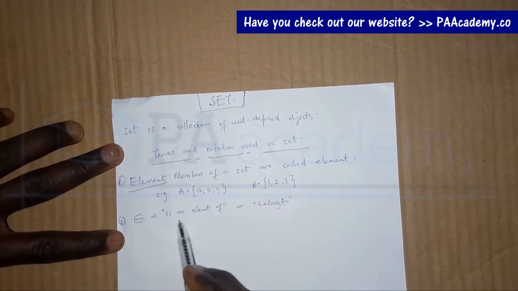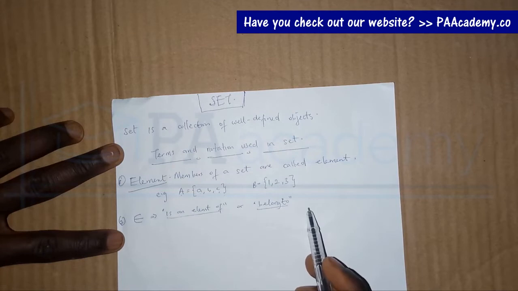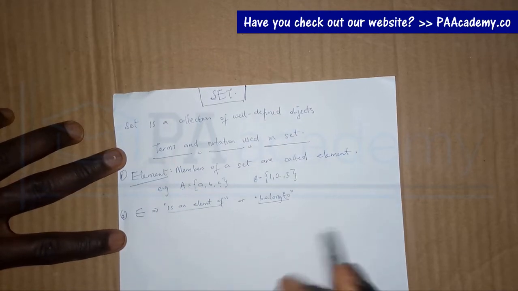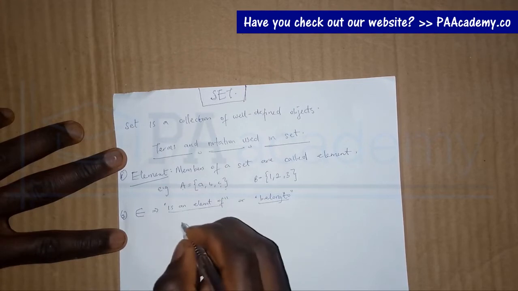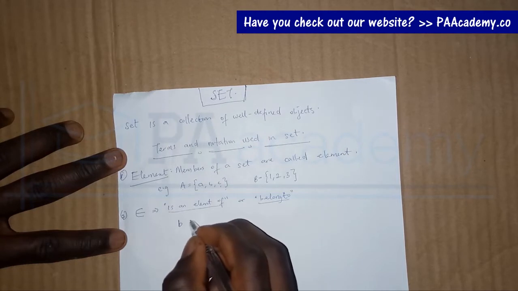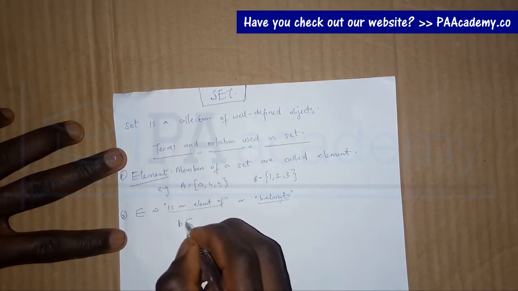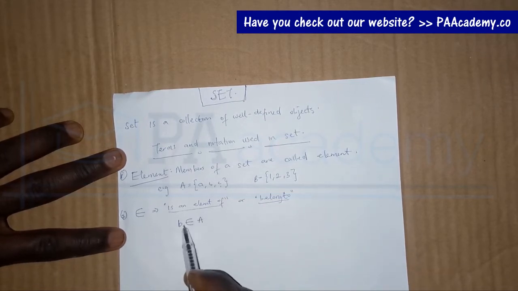It's just a short form of saying is an element of or belongs to. For example, if you have B, then the notation, and then A, you say B is an element of A.